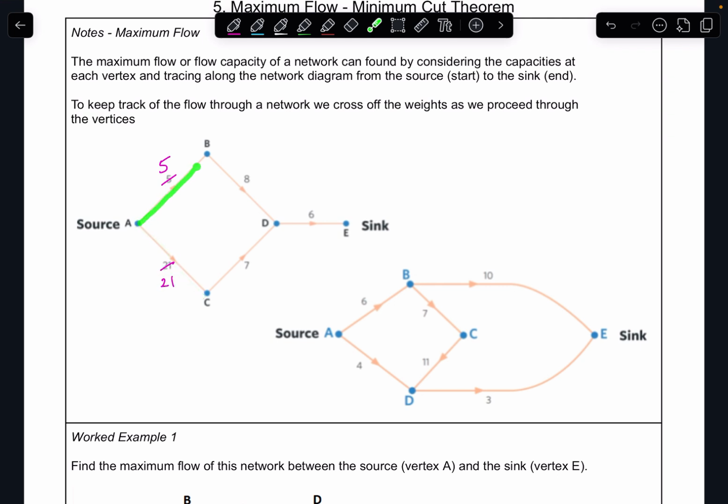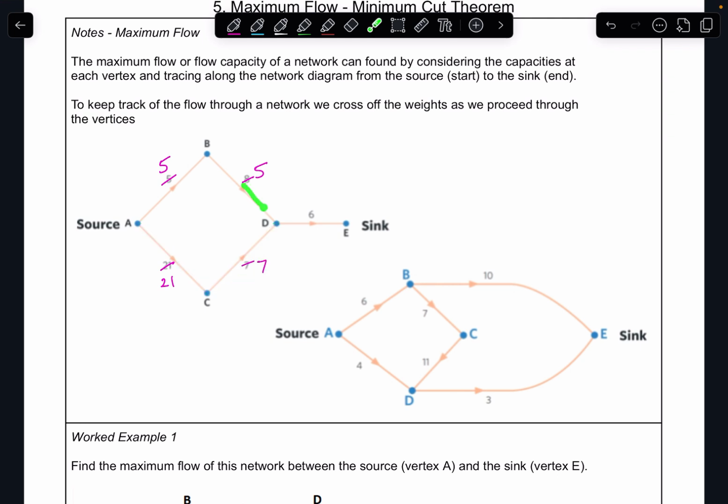From A to B, I've got a capacity of 5. The outflow of B is 8, but there's only 5 coming in, so the maximum coming out is going to be 5. If we look this way, we've got 25 coming through, but maximum capacity coming out is only 7, so again the maximum is 7.